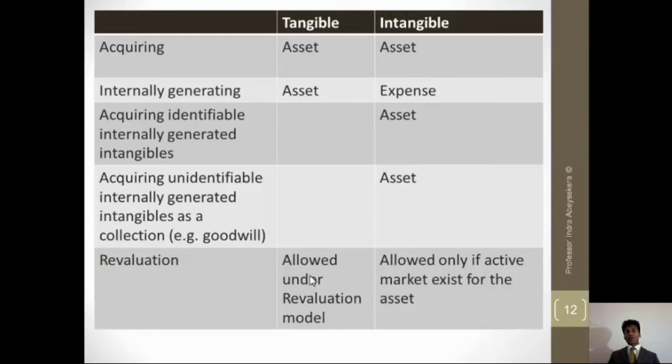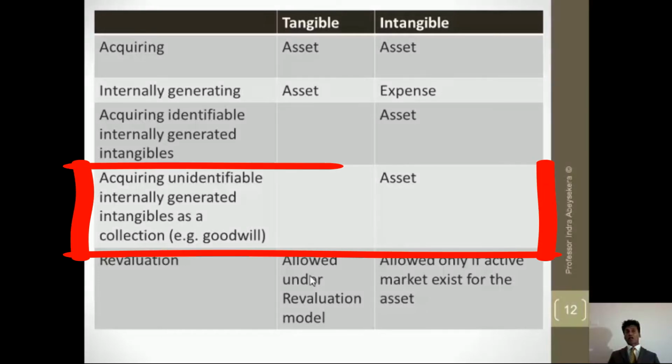When another party acquires unidentifiable internally generated intangibles as a collection, that is called goodwill, and it can be shown as an asset, as goodwill for the collection of intangibles.